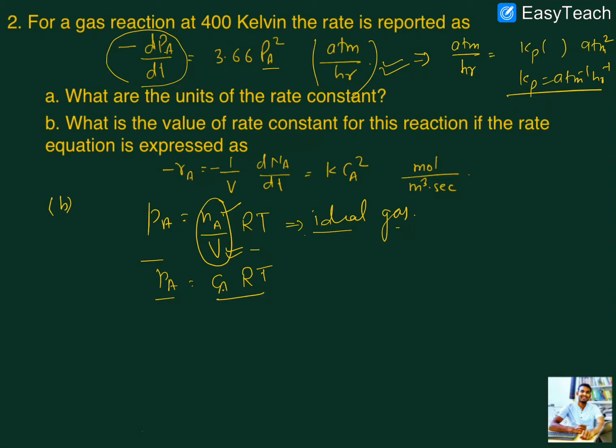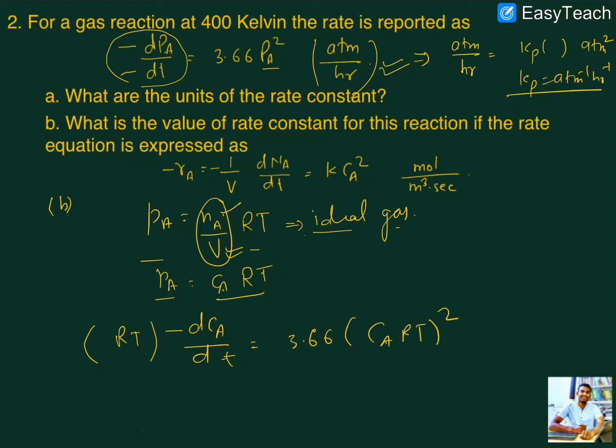So if you replace this in the equation, you will get minus dC_A by dt, with RT outside because it is a constant, equal to 3.66 times (C_A RT) to the power 2.